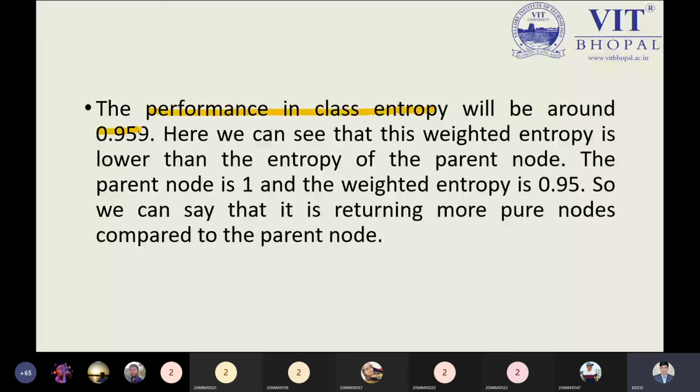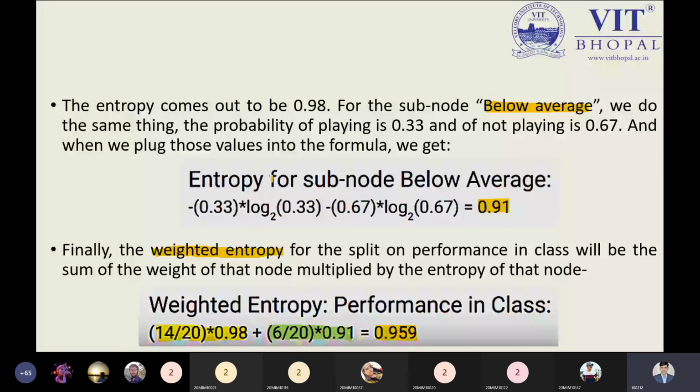What was the entropy of the parent? It was 1. So 0.59 is a smaller value than our parent node entropy of 1. So we can say it returns a purer node compared to the parent node, and we may do more splits if required. This is why we calculated this.